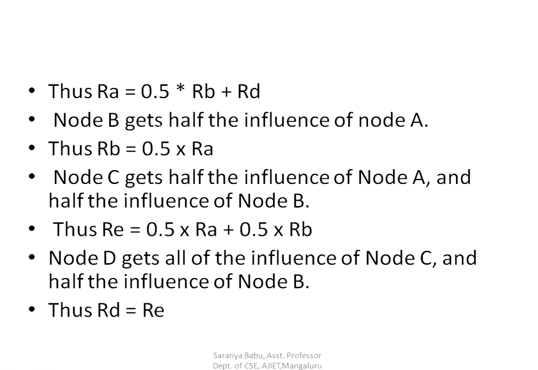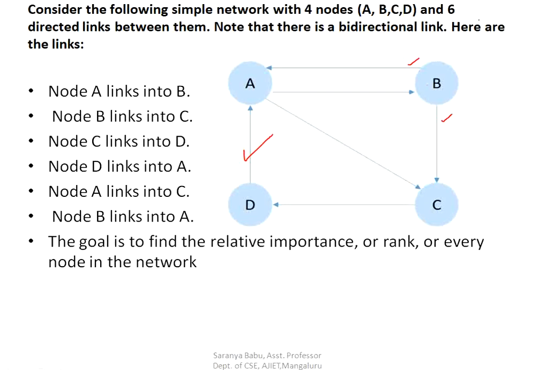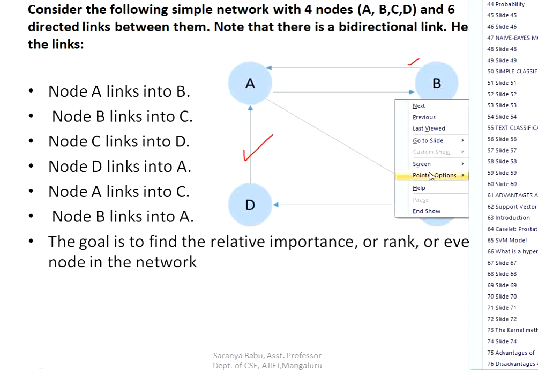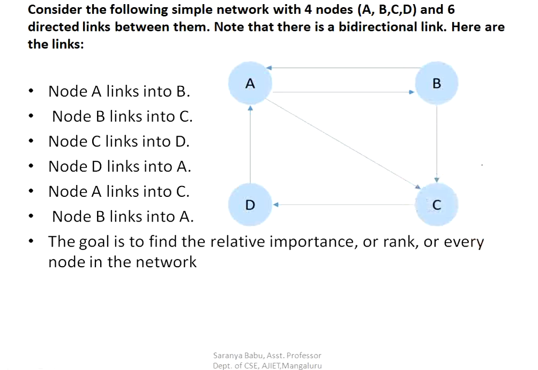Next I am calculating the rank of node B. How will I calculate the rank of node B? Check what are the incoming links to node B. What are the incoming links to node B?